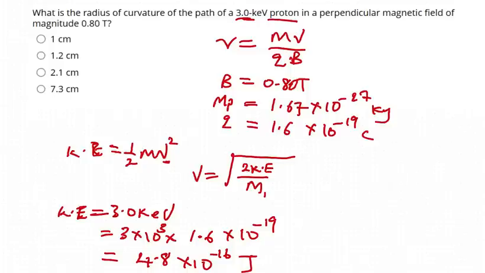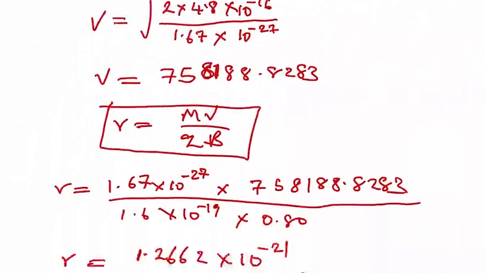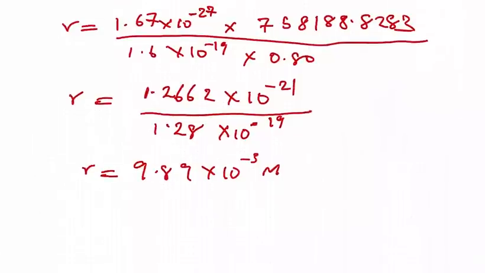So converting our answer to cm, we multiply by 100, giving R equal to 0.989 times 10 power 1 cm.